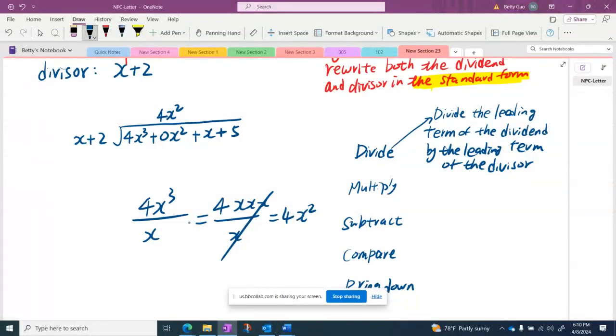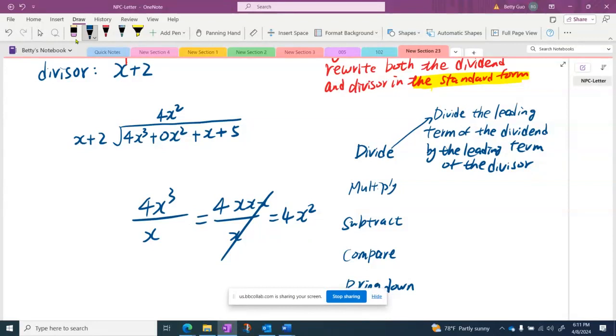The reason is because in long division, all the vertically aligned terms must be like terms. The quotient 4x squared has the variable part x squared, so it must go in the second column here, above 0x squared.